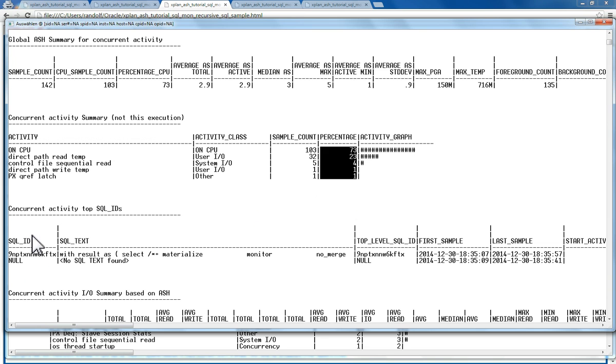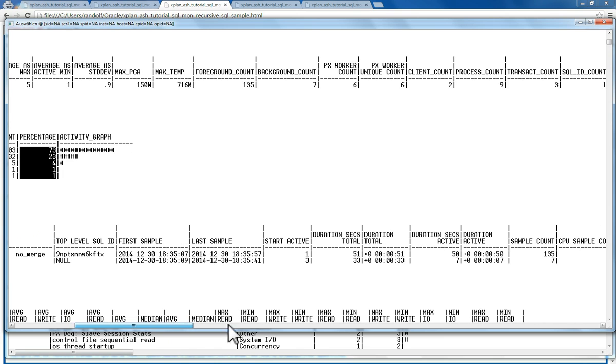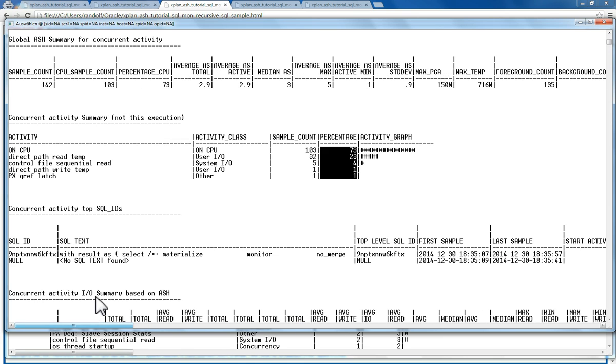And the next section is then about the concurrent activity top SQL IDs. I think by default it's the top 5 SQL IDs found. Again, this is sorted by sample count descending, so the SQL IDs with the most database time come first.